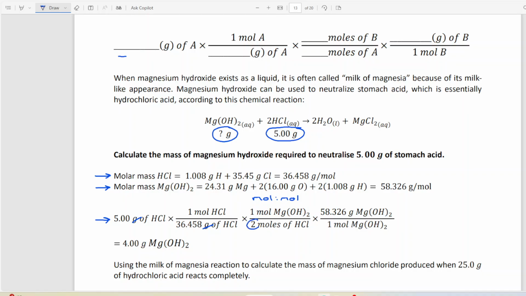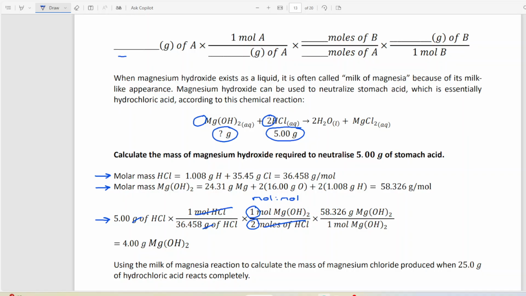So we know that 2 moles of hydrochloric acid from the balanced formula produce 1 mole of magnesium hydroxide. Now I'm in magnesium hydroxide. And now I'm going to convert from moles into grams of magnesium hydroxide. So I put 1 mole is equivalent to 58.326 grams of magnesium hydroxide.